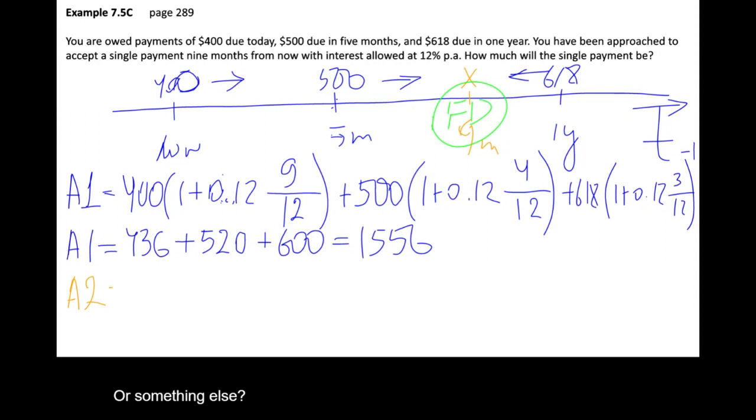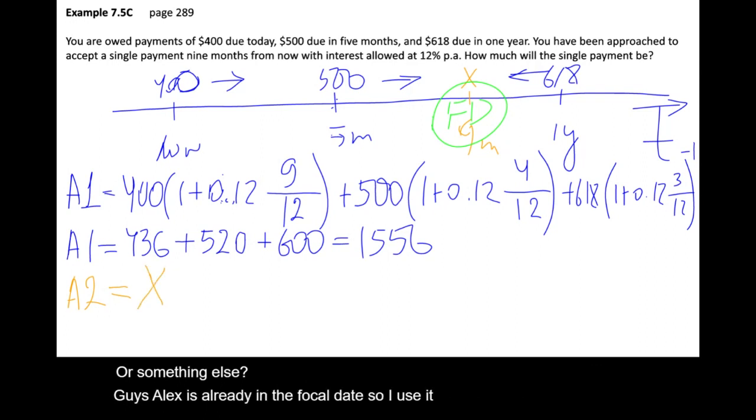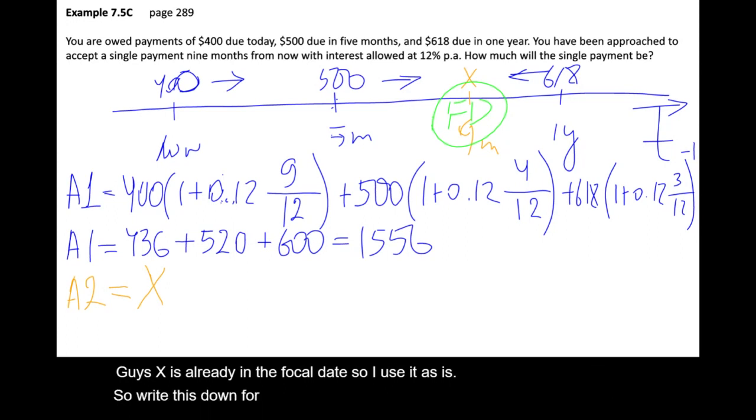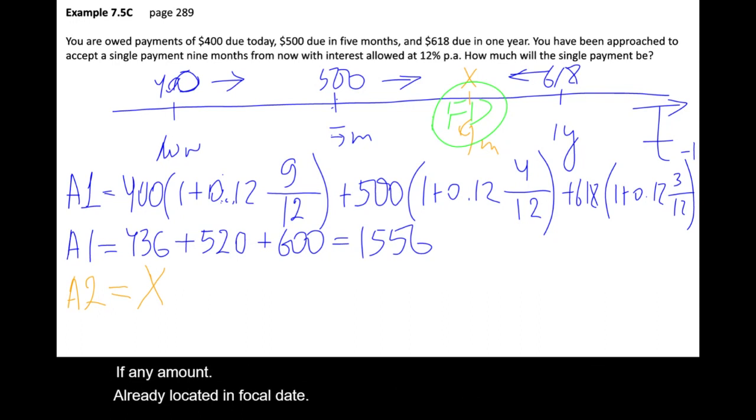Well, guys, X is already in the focal date, so I use it as is. So write this down for yourself. If any amount already located in focal date, we use that amount as is.